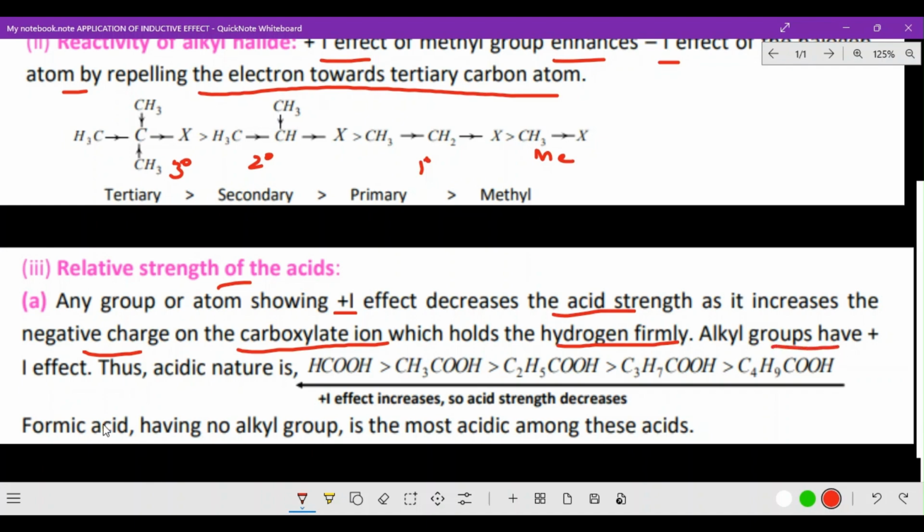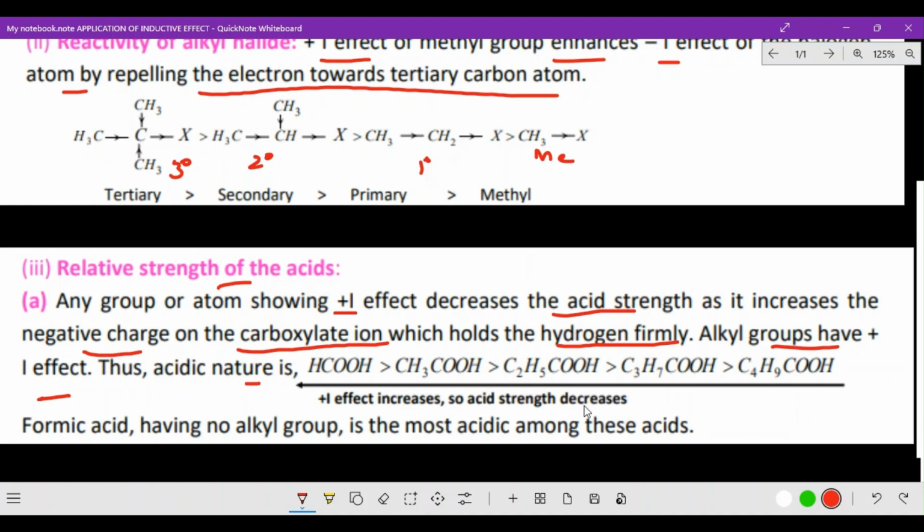Alkyl groups have plus I effect, thus the acidic nature is: formic acid is greater than acetic acid, which is greater than C2H5COOH, which is greater than C3H7COOH, which is greater than C4H9COOH. Did you notice it here? Carbon 1, carbon 2, carbon 3, carbon 4.